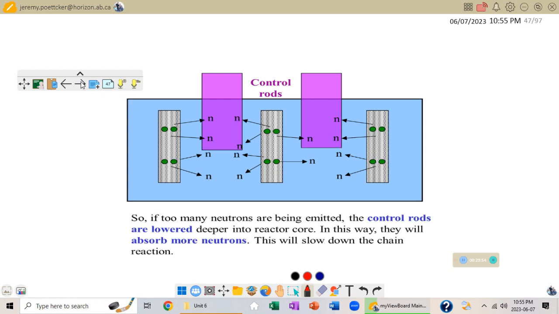As we insert the control rods, they absorb neutrons and slow the reaction down. All right. So as the control rods go further in, they absorb more neutrons and slow the reaction down, basically keeping it at a relatively sane pace.